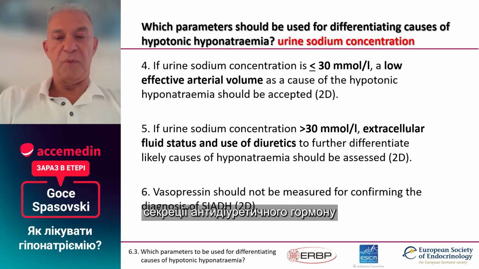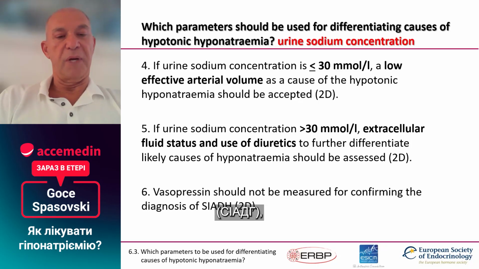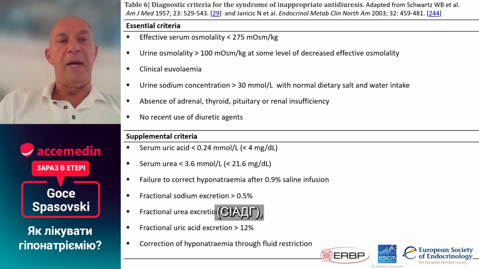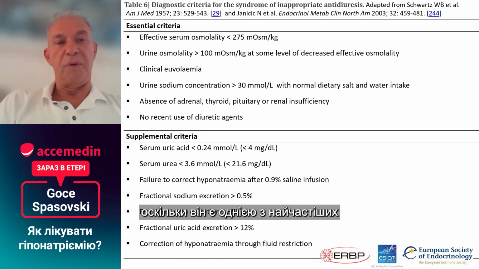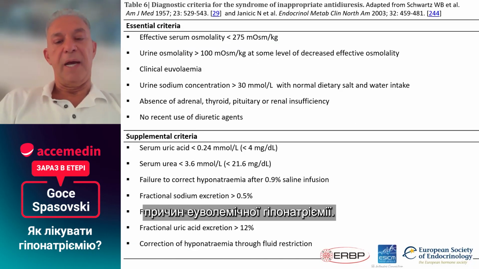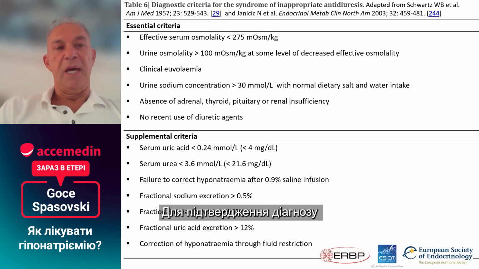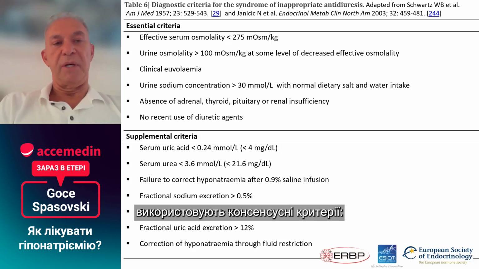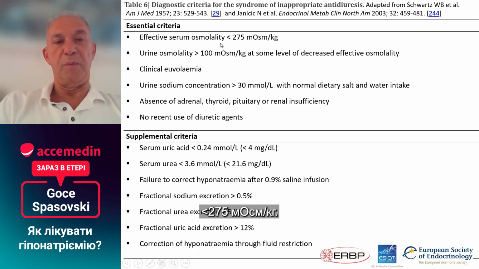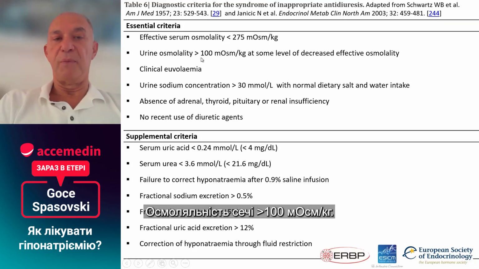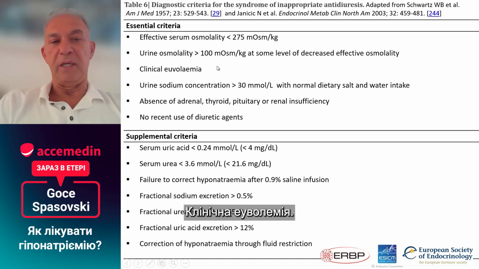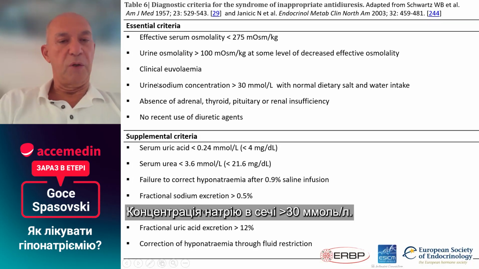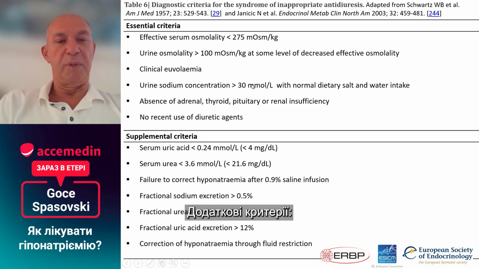Vasopressin should not be measured for confirming the diagnosis of SIAD. And about SIAD, because it is one of the most frequently seen conditions, the essential criteria are effective serum osmolality below 275 and urine osmolality above 100 milliosmoles, clinical euvolemia, and urine sodium concentration above 30 millimoles per liter.